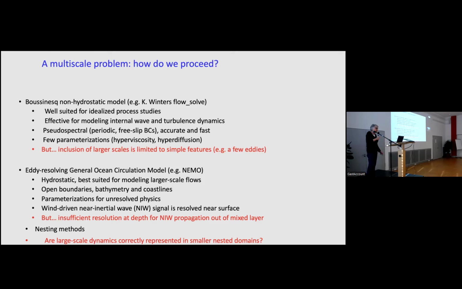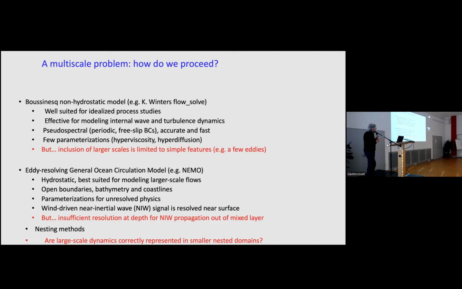It relies on quite a few parameterizations for unresolved physics because it just can't get down to small scales. And one big problem for us is that the wind-driven near-inertial energy is well captured by these OGCMs, but there's just insufficient resolution at depth to see exactly what happens once the energy leaves the mixed layer.